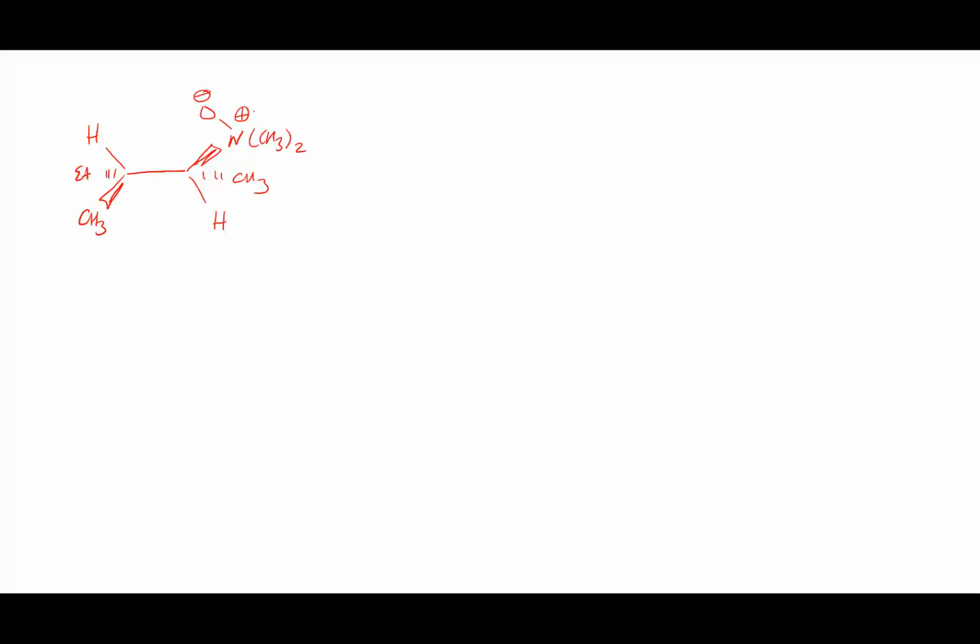But now I've got to rotate the nitrogen to make it planar to this beta hydrogen. So I basically have to rotate the right-hand carbon, so I end up with this. Again, nothing changed on the left carbon.